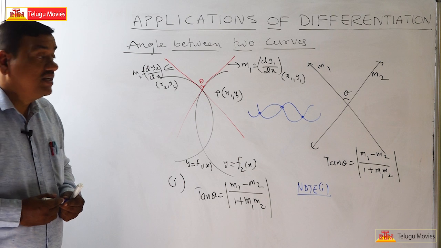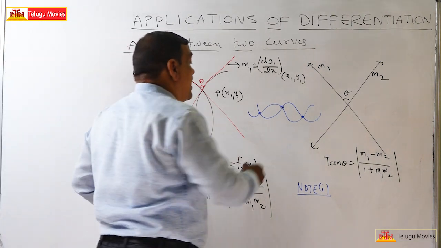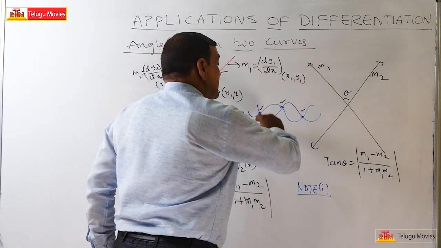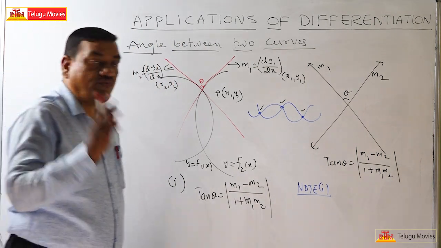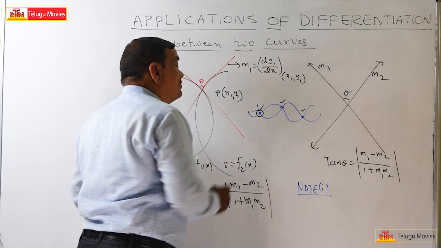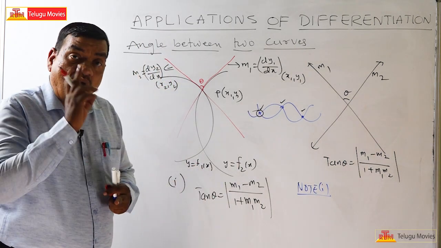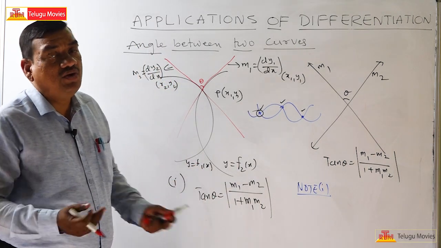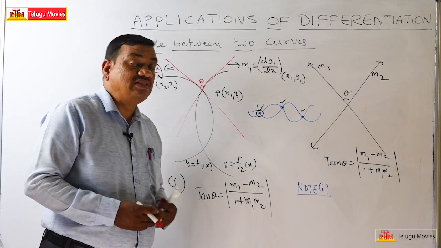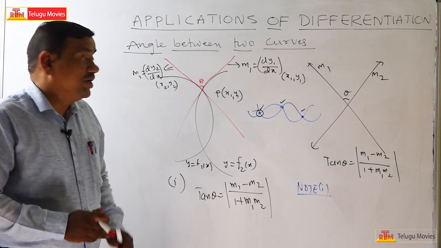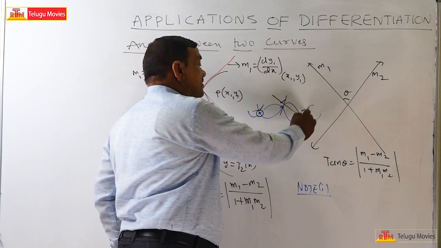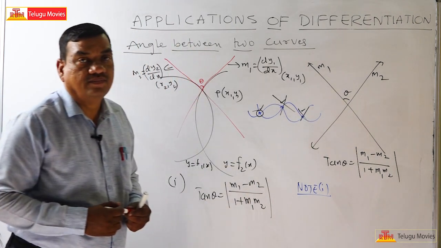Then is it necessary to find the angle between the curves at each and every point? No need. You find the angle between the curves at any one point of intersection, and that will be the same for every point of intersection. So no need to find it everywhere. That is the first note point.